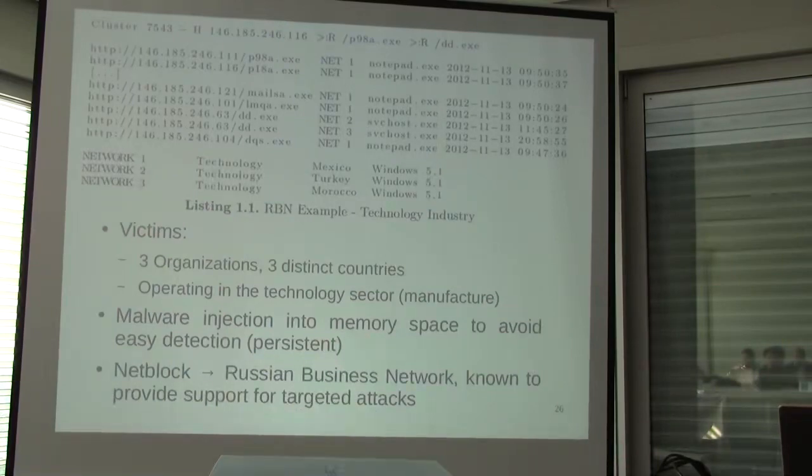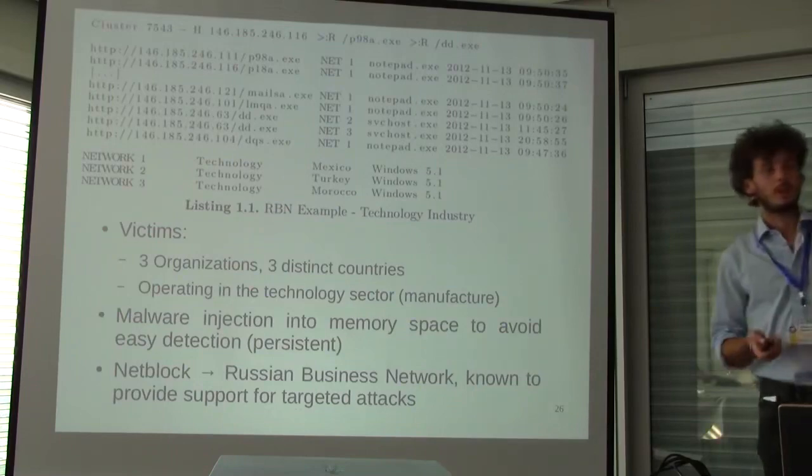And if you look instead at the IP addresses here, they all belong to a net block that itself belongs to what is called the RBN. I don't know if you're aware of this. It's the Russian Business Network. It's a network that is owned by some criminals that are known to provide support for targeted attacks.